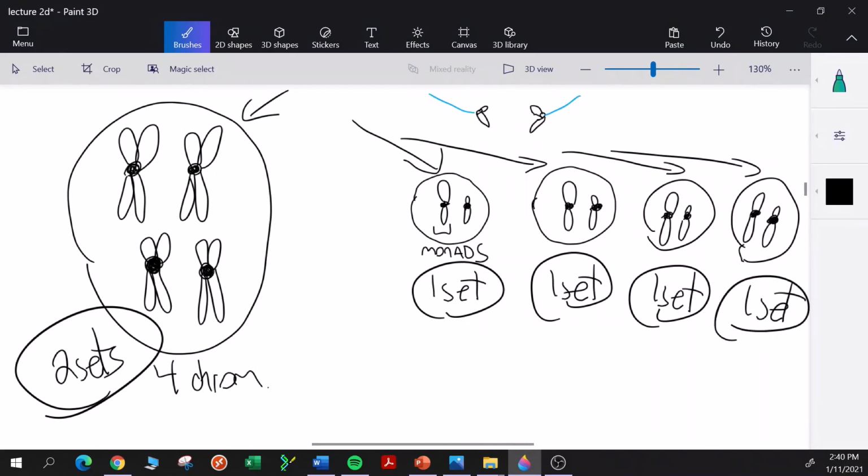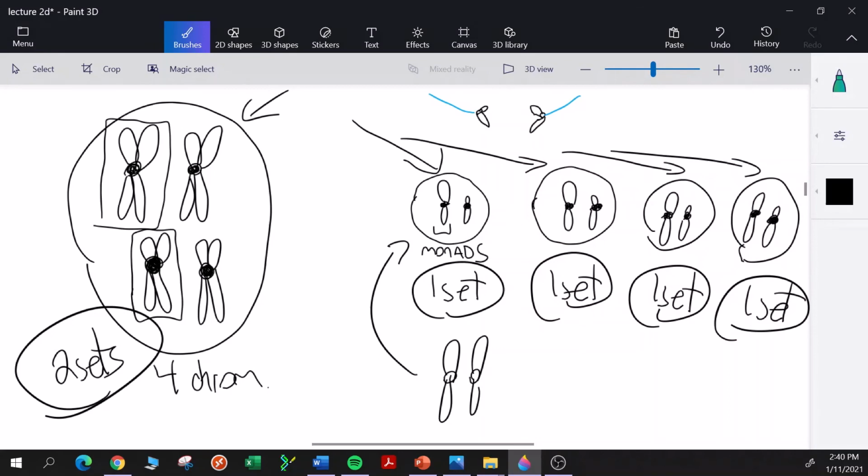And a complete set includes 1 of the metacentric chromosomes and 1 of the acrocentric chromosomes. Okay, so meiosis did what it was supposed to do. We didn't get any combinations of 2 metacentric chromosomes in the same product of meiosis. Well, okay, so that's meiosis.